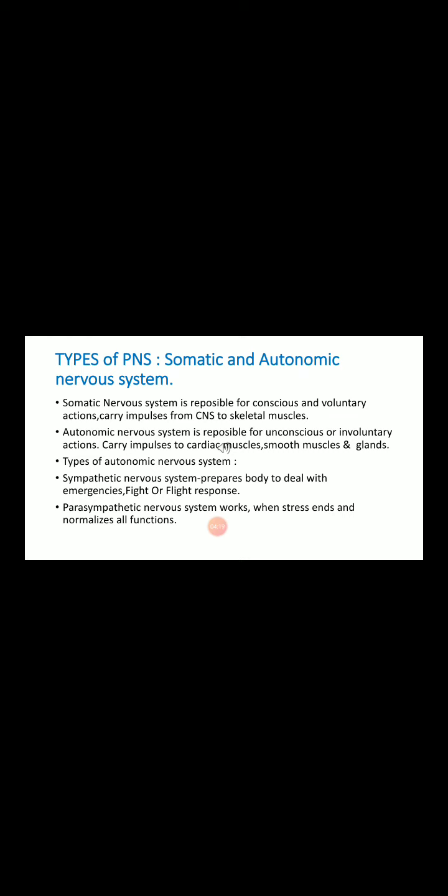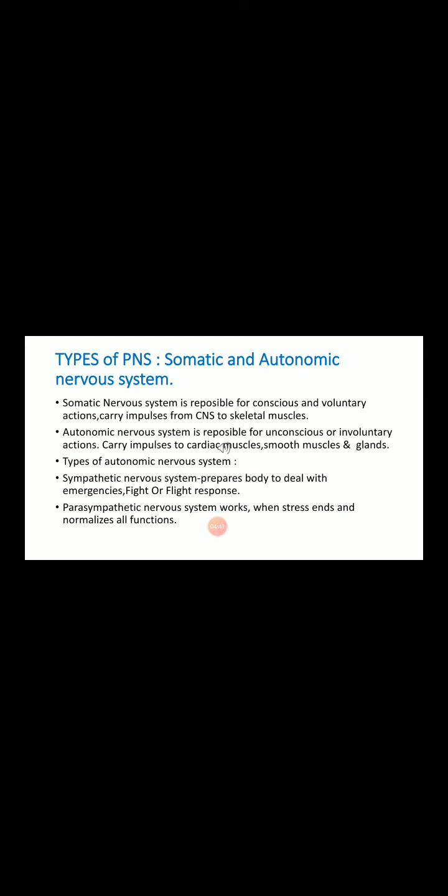Autonomic nervous system is responsible for the unconscious or involuntary actions, and they carry the impulses to the cardiac muscle, smooth muscle, glands. Dear students, you know, cardiac muscle make the wall of the heart. Smooth muscle make the wall of alimentary canal, the digestive tract.